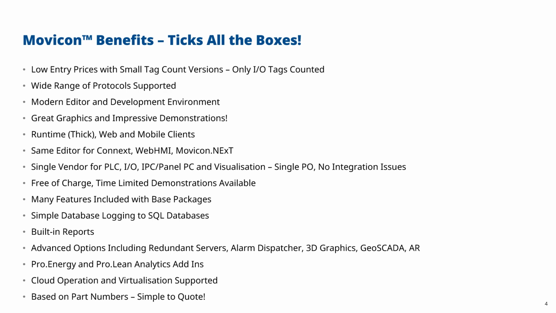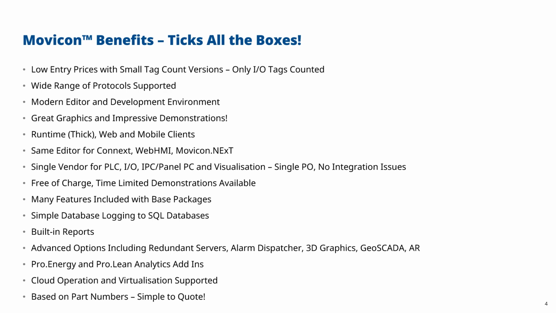So calculations, data logging, other things that you're doing inside Movicon which aren't associated with a direct IO tag, they're all free of charge. We have a wide range of PLC protocols, not just for Emerson PLCs, but also covering a wide range of third-party PLCs and other devices, including telemetry and IoT type applications.